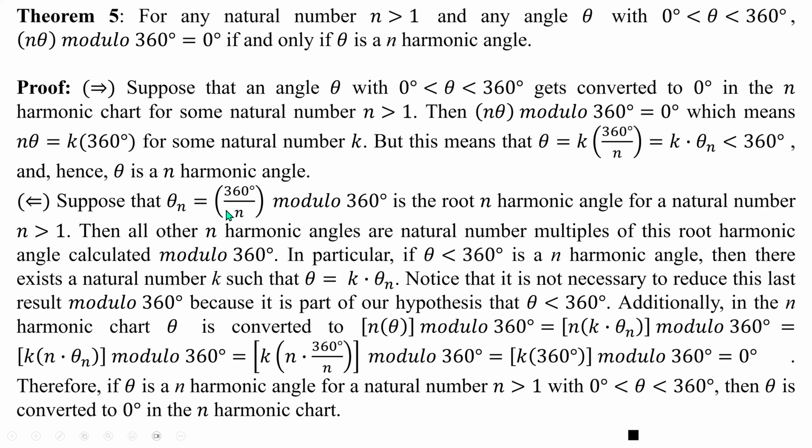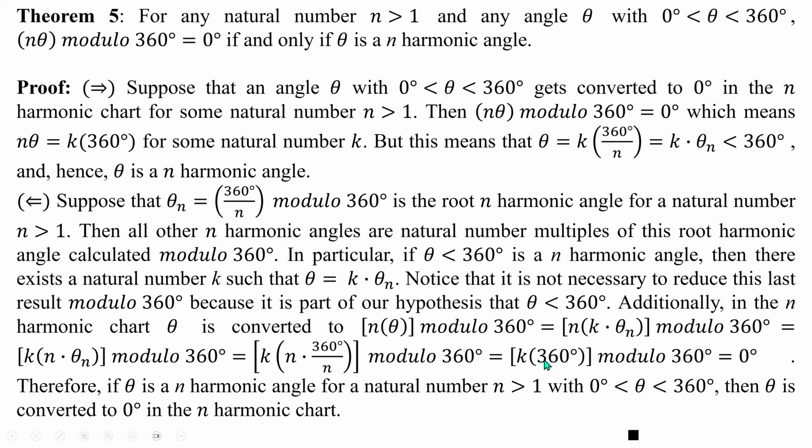But theta sub n, remember, is just 360 degrees over n. And since this is going to be less than 360 degrees, we don't need to reduce it modulo 360 degrees. So we have n over n, which is going to cancel.